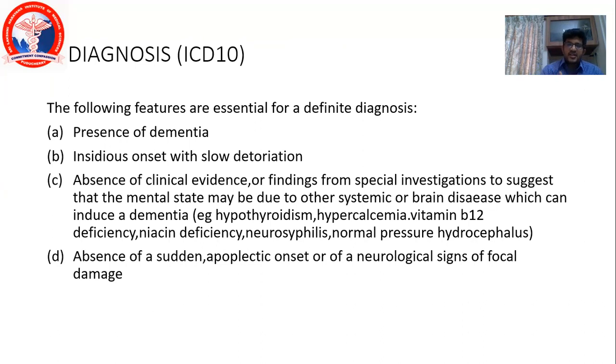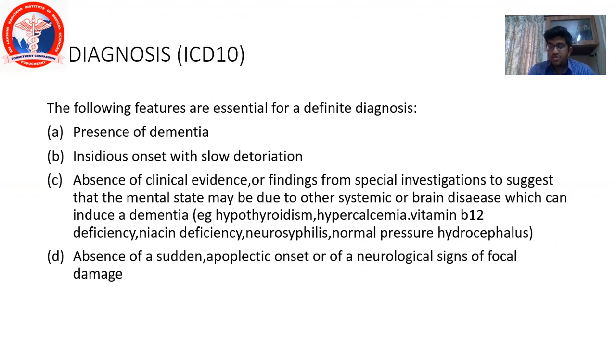To categorize it as Alzheimer's dementia, it should be of an insidious onset with slow deterioration. There is also an absence of clinical evidence or findings from special investigations to suggest that the mental state may be due to other systemic or brain diseases which can induce a dementia, as we had discussed in our second slide about the various causes of dementia.